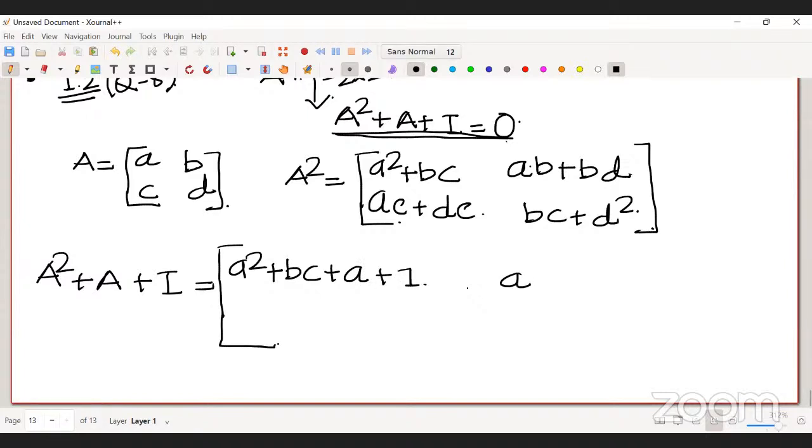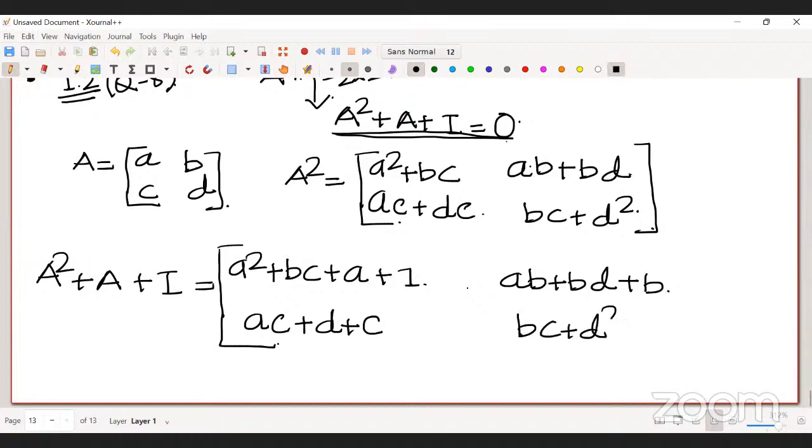The 1, 2 entry of the identity matrix is 0, so that entry is AB plus BD plus B. This is C, and this is BC plus D square plus D plus 1.